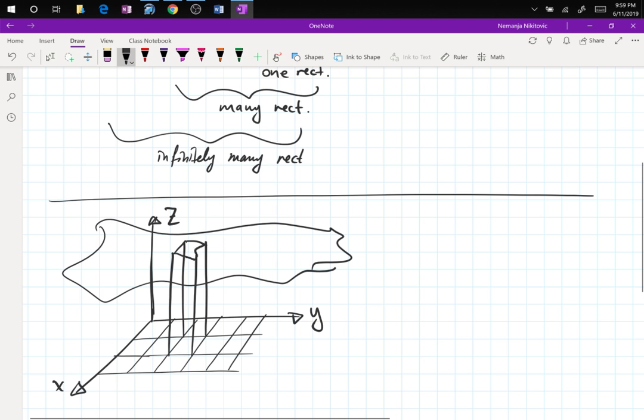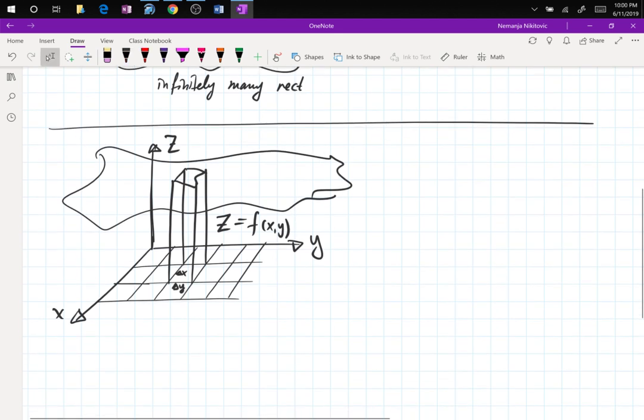The top of this representative French fry will conform to a function. It has delta x and delta y on the base, and then it has z, which is f of x y, as the height. So this surface over here is z equals f of x y.